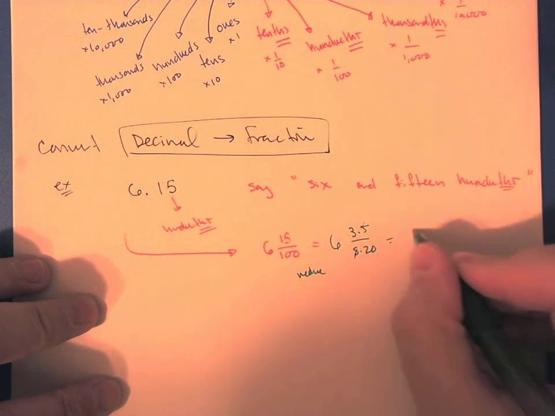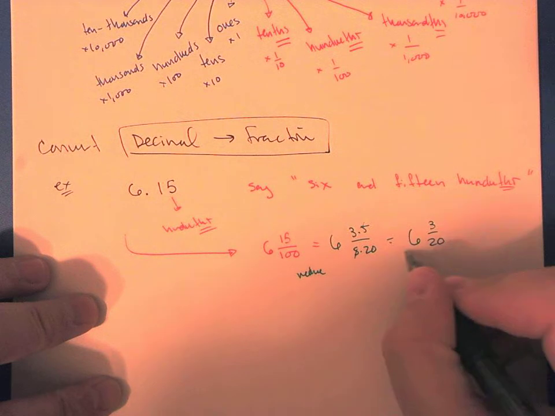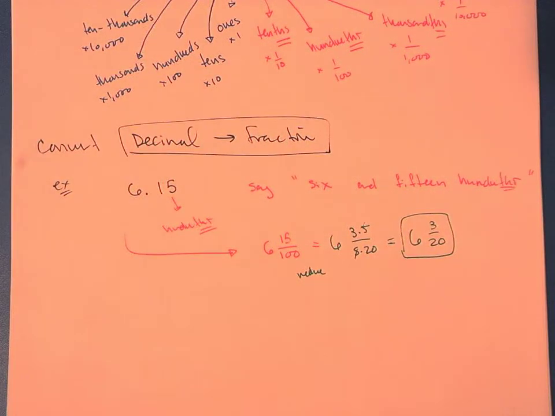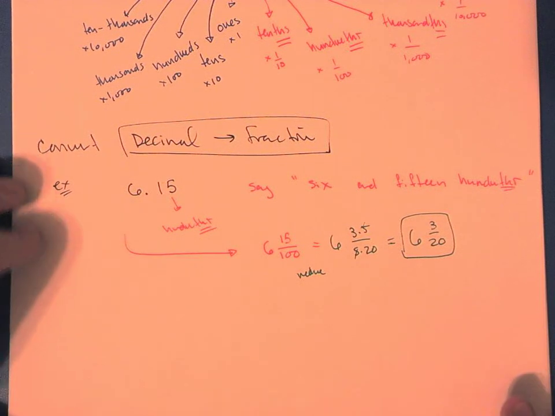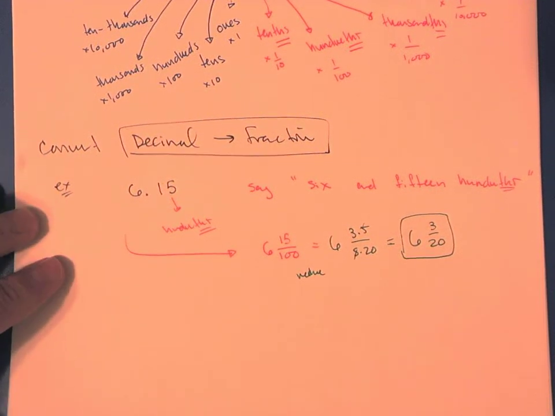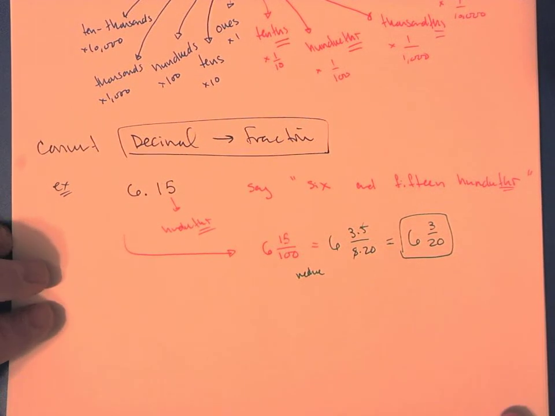So the 5s go, so this would be 6 and 3 over 20. So the reduced version is our goal. We'd like to get this final reduced answer. Obviously, 15 over 100 is a fraction. That exists. It counts. But we'd like a reduced version as our final answer.